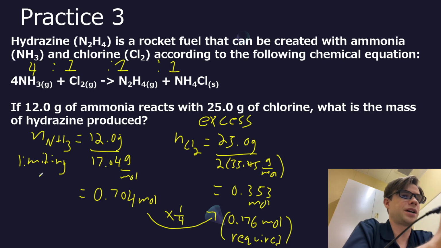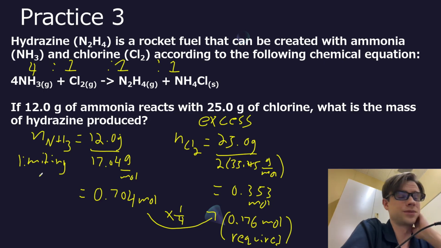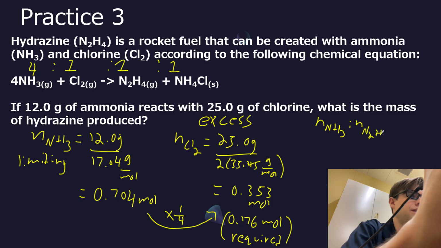What's the mass of hydrazine produced? So we can't immediately find the mass, but we can find the moles. Hydrazine is N2H4, if you remember the first question's formula. So what's the ratio of ammonia to hydrazine? The ratio of ammonia moles to hydrazine, N2H4, is equal to 4 to 1.